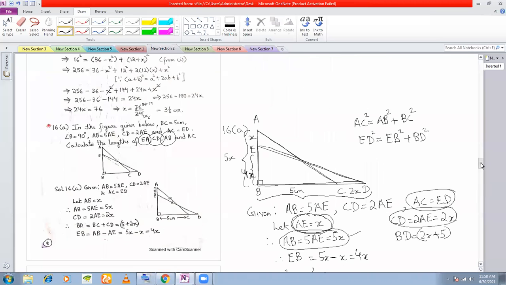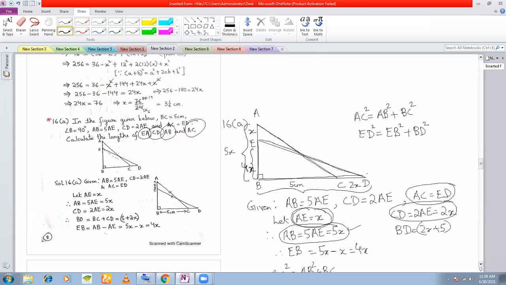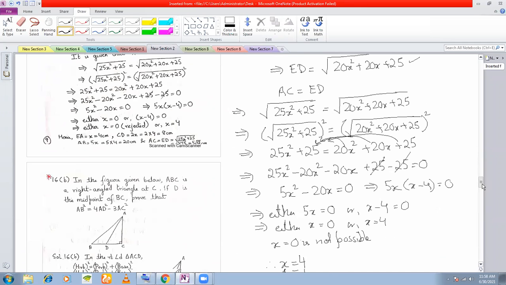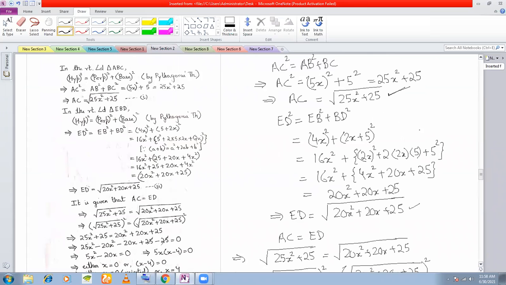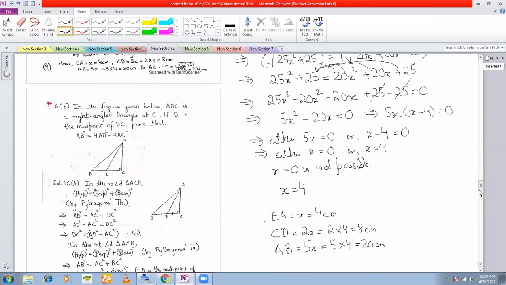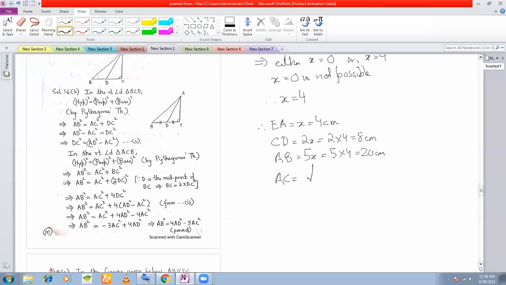And finally, we have AC. AC here we don't have, but here we have calculated AC. This AC is equal to root over of 25x square plus 25. Put the value here, root over of 25 into 4 square plus 25, which is equal to root over of 25 into 16 plus 25.